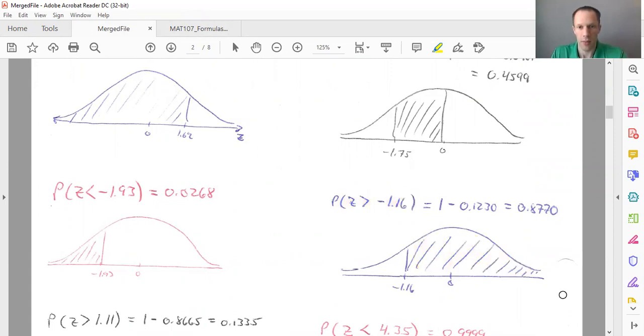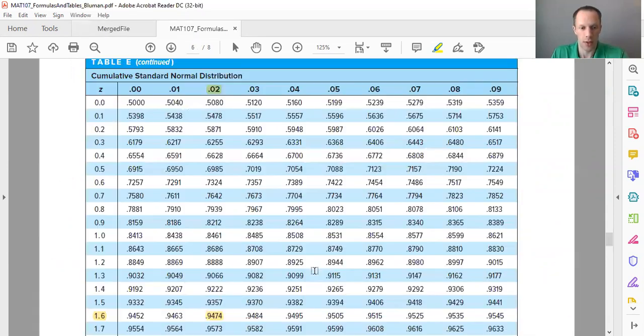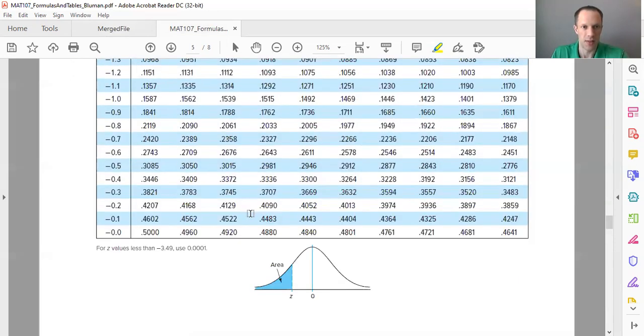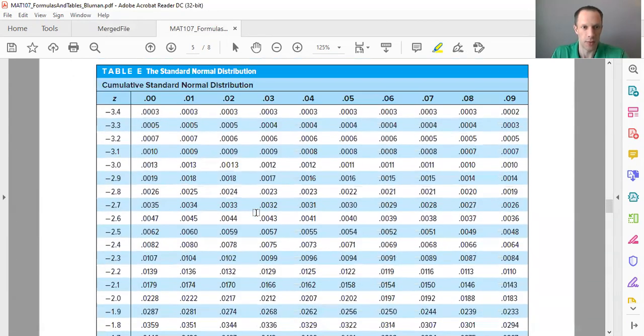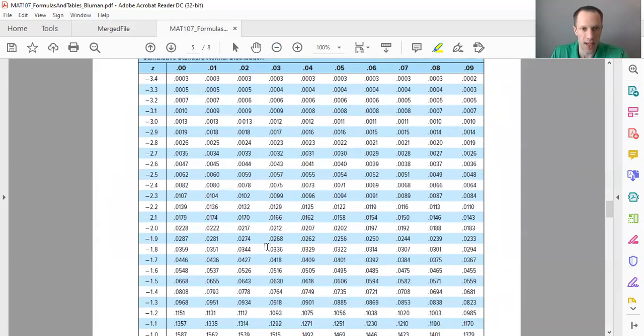We're going to have to figure out how much area we've shaded. Now, if we go to our standard normal chart, and this chart has 2 pages to it. There's a page for positive z values and a page for negative z values. Okay, if we go to the row for negative 1.1 and the column where the second decimal digit is 6, the number that we have there is 0.1230.